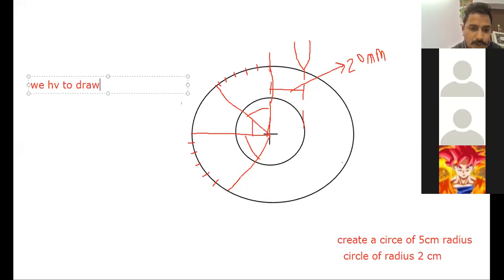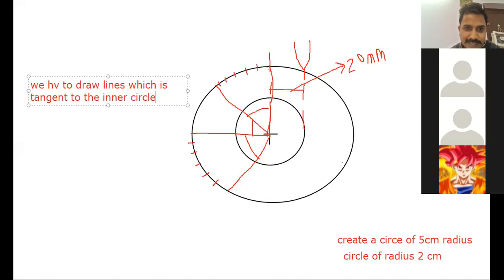We have to draw lines which are tangent to the inner circle. Inner circle means the circle that we have drawn having a radius of 20 mm. We have to do this and join it with the other parts.